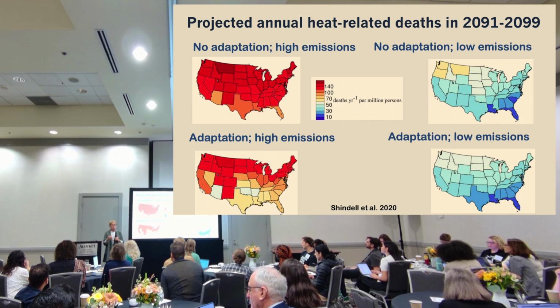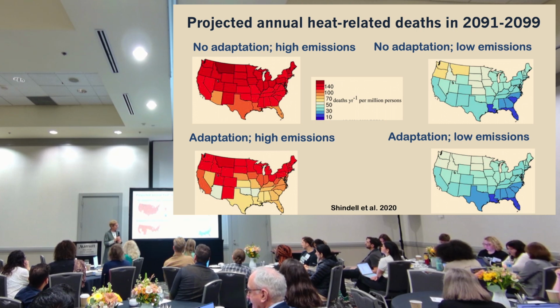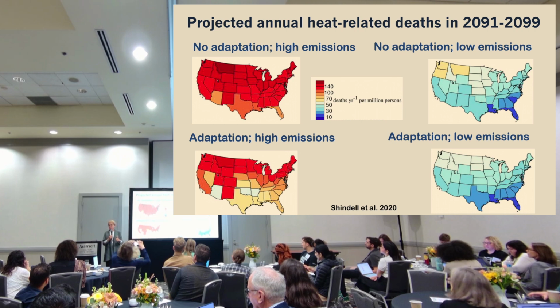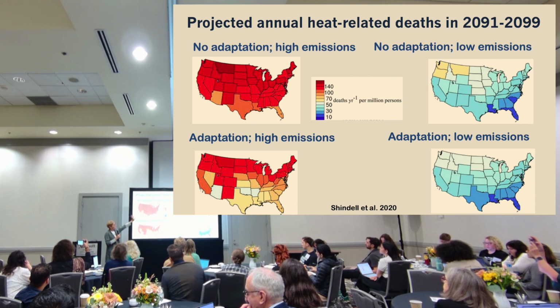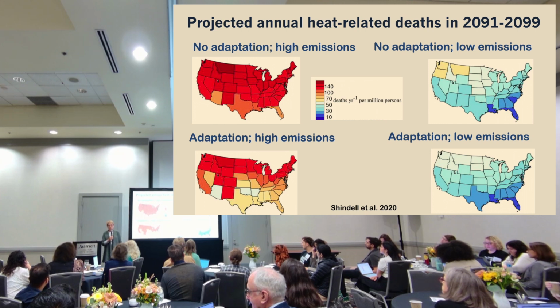When we think about what could happen in the future, I made the point we're talking about risk. And this is one of 2 slides I have that emphasizes the importance of adaptation and mitigation. These are projections of heat-related deaths at the end of the century, obviously in the US. And if you compare the upper left, where there's no adaptation and high emissions, to the bottom right, adaptation and low emissions, those are different worlds, completely different worlds.